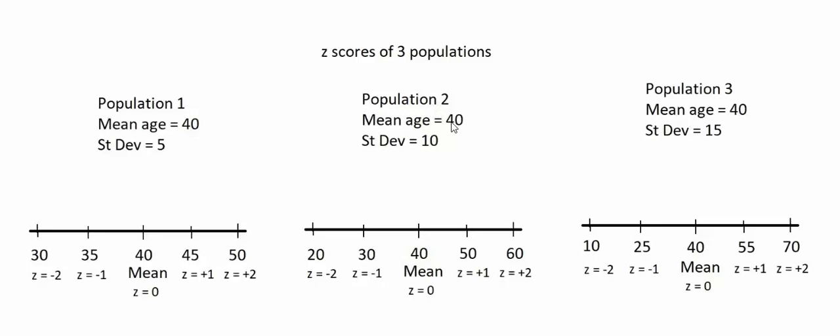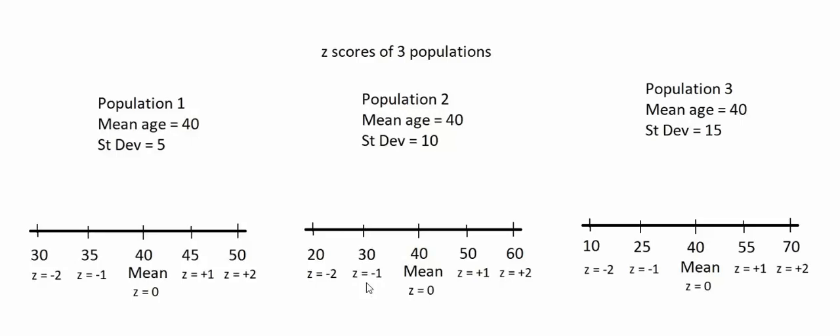So in this population, a 30-year-old would have a z-score of -1, and a 50-year-old would have a z-score of +1, because we're going in steps of 10 instead of steps of 5. And you're at +2, a 60-year-old, and if you start at 30 and go down by 10, you're at -2, which would be a 20-year-old in this population. And we're going in steps of 10 because the standard deviation is 10 in this population.